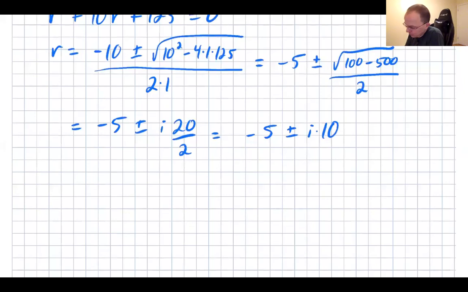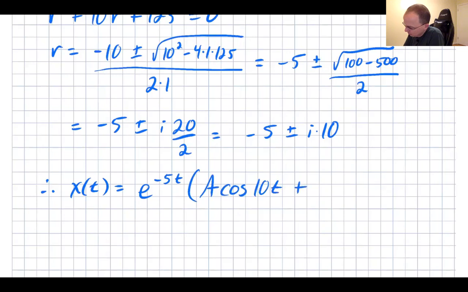All right. So therefore, the solution is going to be equal to e to the negative 5t times a cosine 10t plus b sine 10t.